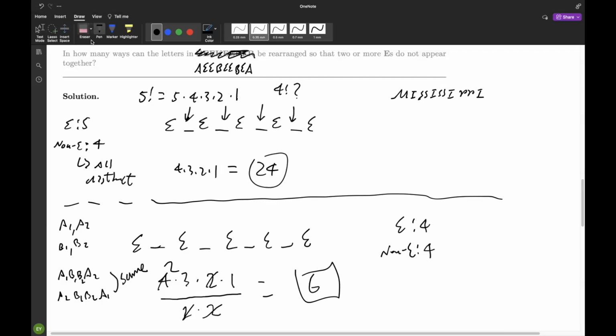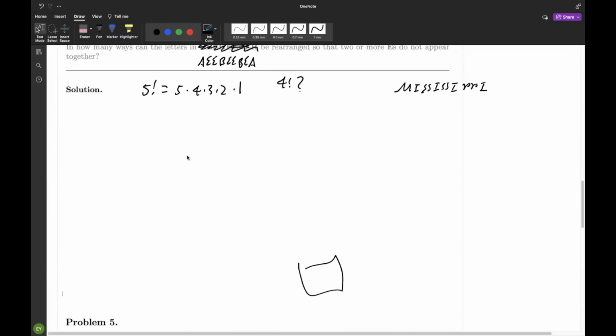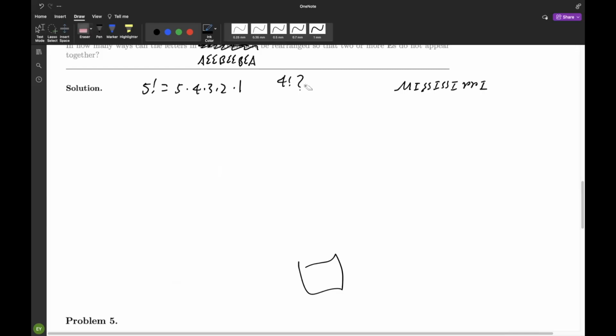I will erase the rest, I think, because they're already recorded. Can you guys guess what is 4 factorial?